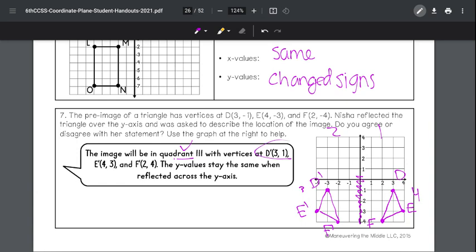Oh, disagree. D is at -3, -1, but she says 3, 1. Those are positives. Wrong. E prime, 4, 3, positives, wrong. And F, 2, 4, positives, wrong. The y values stay the same when reflecting across the y-axis.